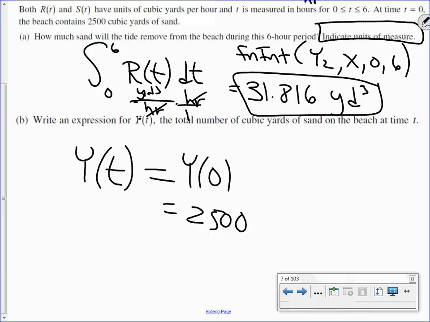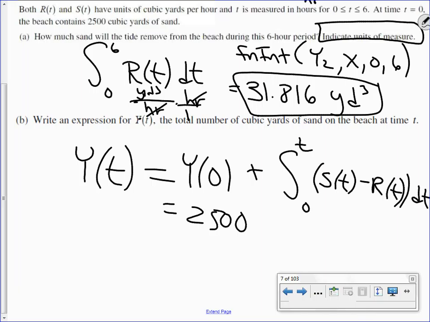Plus the change, the integral from 0 to t of rate in minus rate out. Oh, I've got to use their letters though. Rate in was S of t, minus rate out was R of t, dt.